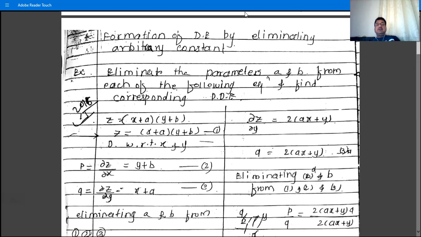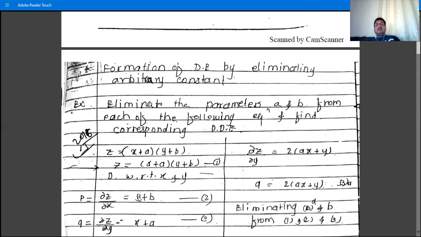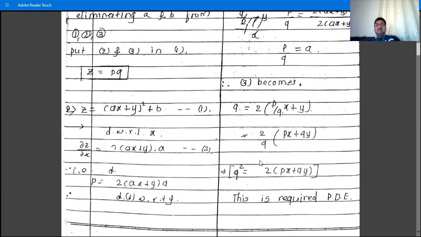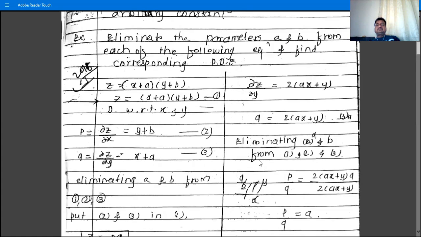If it is of the type z is equal to, then differentiate with respect to x and y, giving equations 2 and 3, and then eliminate the arbitrary constants from equations 1 and 2, or 2 and 3. We'll see these problems.